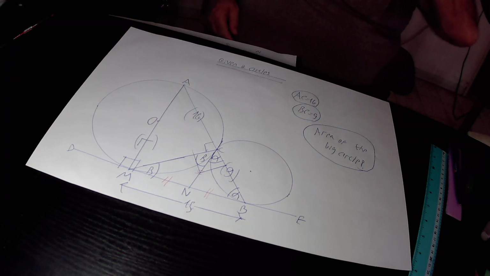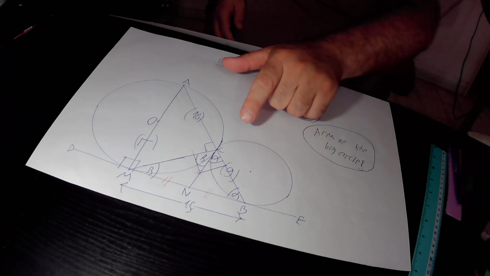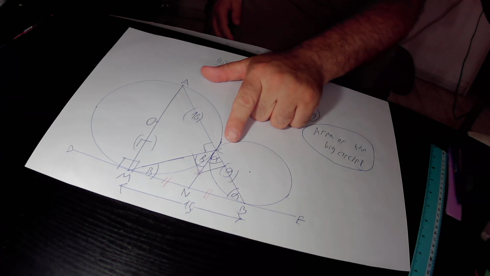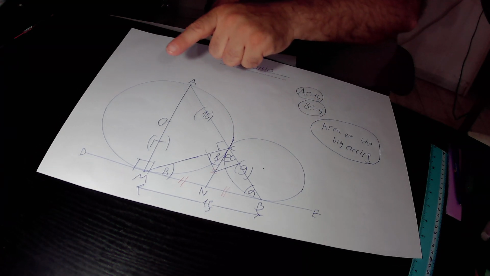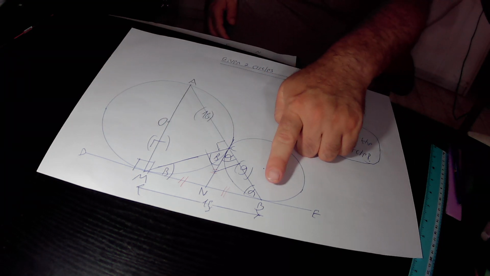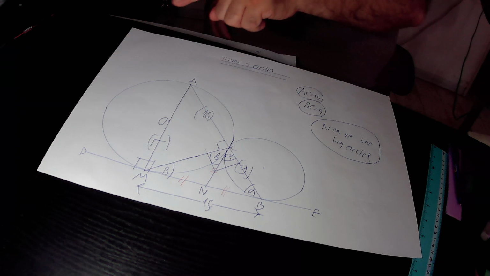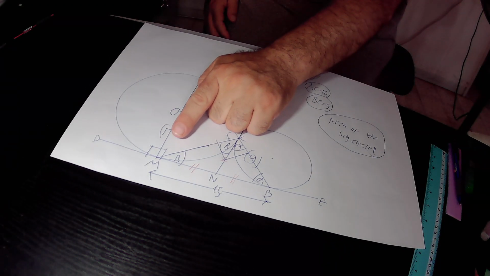In addition, we have chord CV, equal to 9 units, and chord AC, equal to 16 units. We also have tangent DE, tangent to this small circle at point B, and tangent to this big circle at point M.